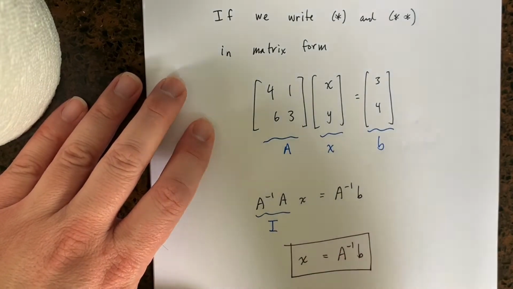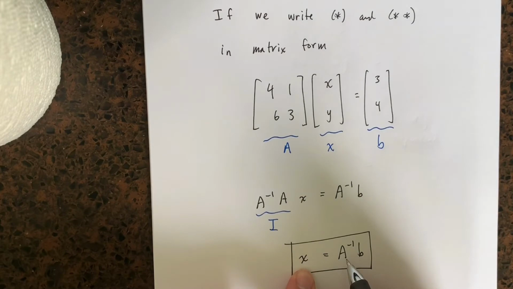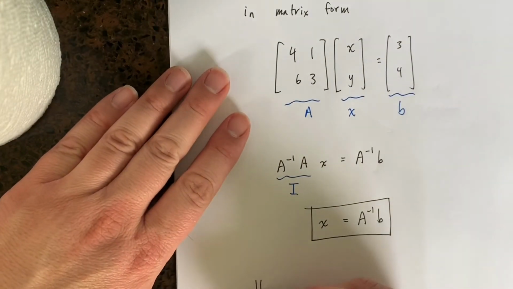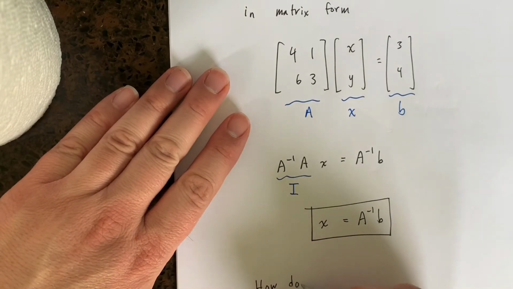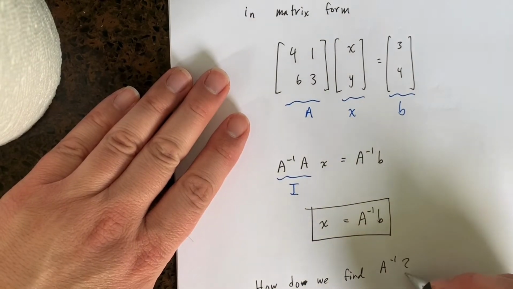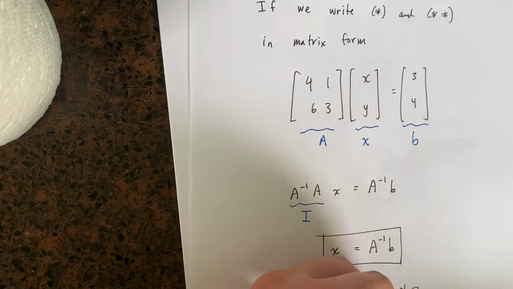Now, as we saw before, for computers the best way to solve this is Gaussian elimination, but A inverse is a nice mathematical construct. But how do we find A inverse? Well, to find A inverse, we form the augmented matrix.